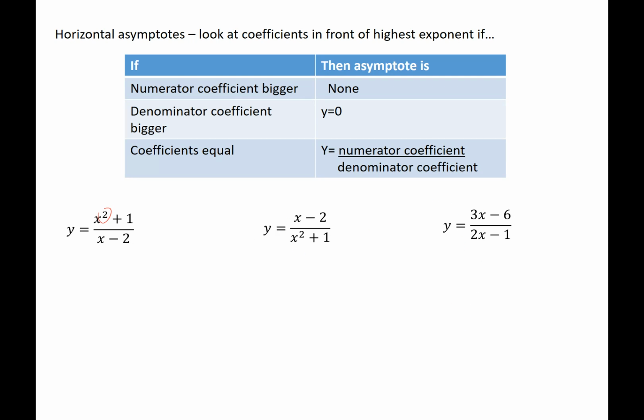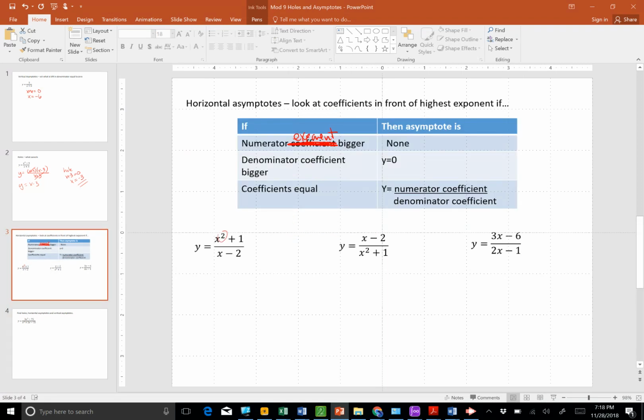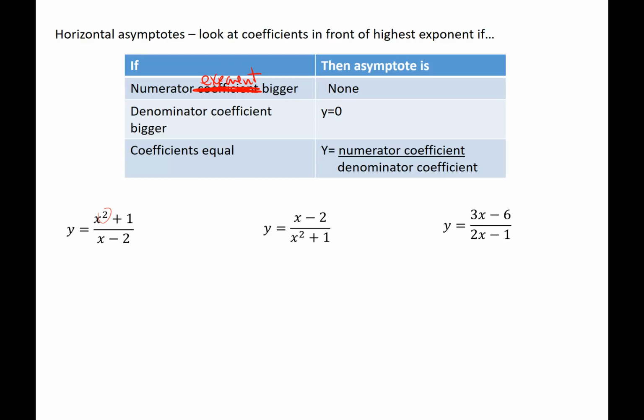Actually, this is wrong, so we need to fix your notes. I apologize. The numerator exponent is bigger. Cross that out, and you notice it's not the coefficient, it's the exponent. Then there is no asymptote.